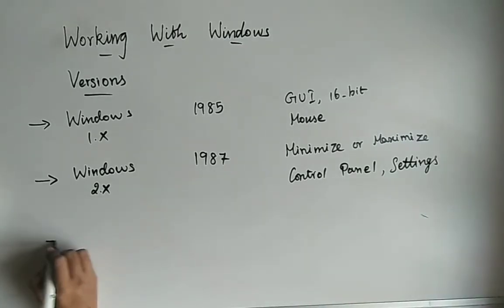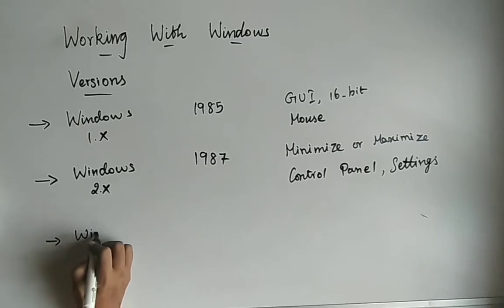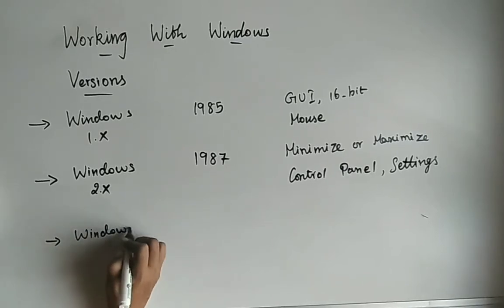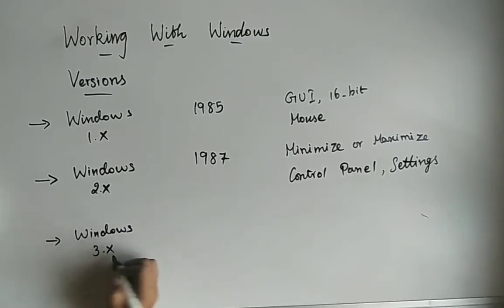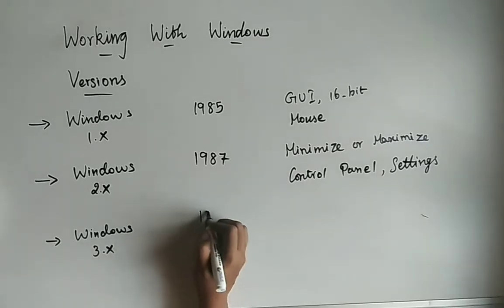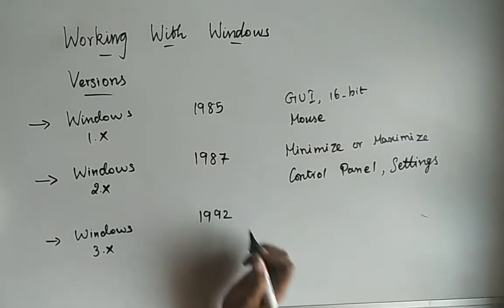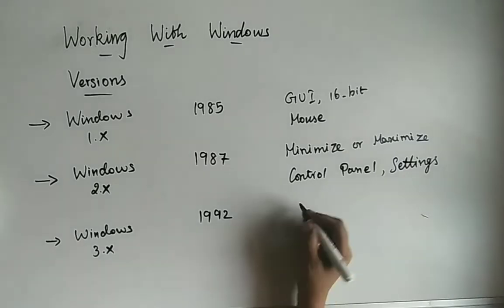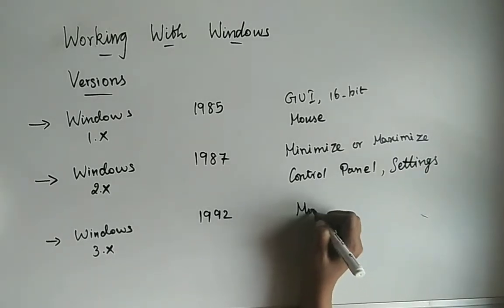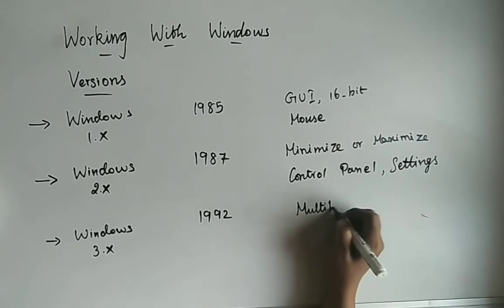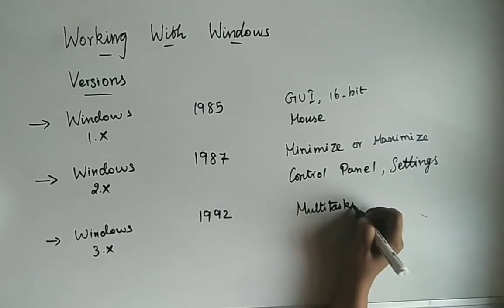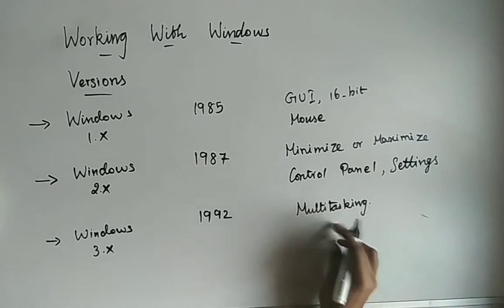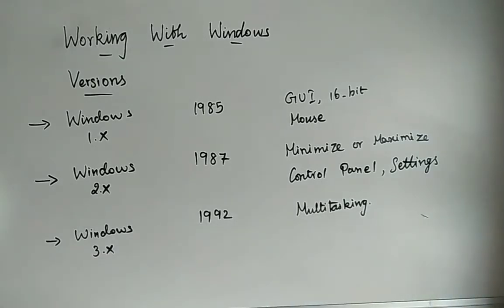Next it was Windows 3.x, and it was introduced in the year 1992. In this they introduced the concept of multitasking. You people know what multitasking is.